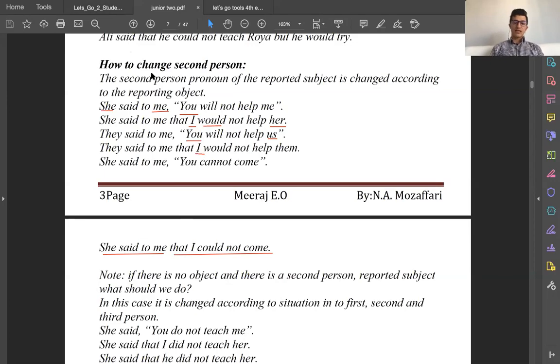So if you have that kind of situation, where you have second person in reported speech but in reporting speech you don't have an object, you are going to change the second person according to the situation.